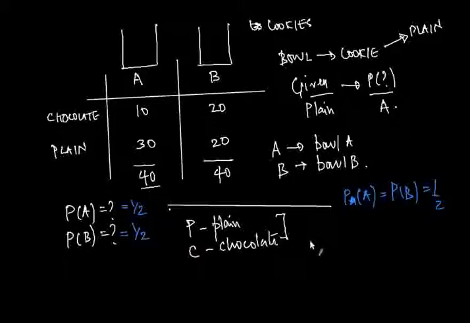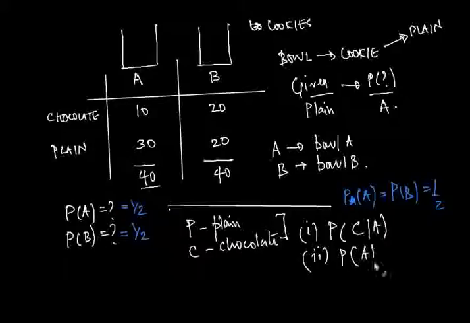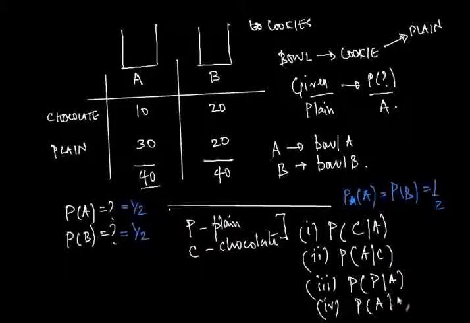So I'll give you 4 choices. Choice number 1, we're being asked what the probability of C given A is. Choice 2, we're being asked what the probability of A given C is. Choice 3, we're being asked what the probability of P given A is, or choice 4, we are being asked what the probability of A given P is, right? So 4 choices, tell me what the probability expression is. So your 5 seconds begin now.